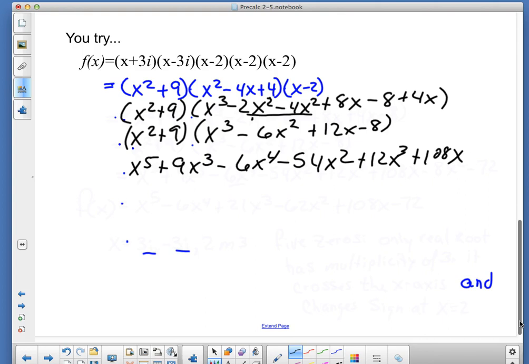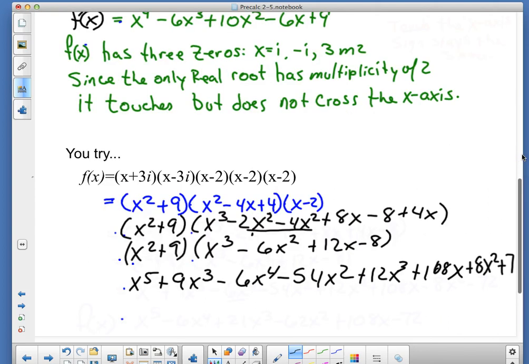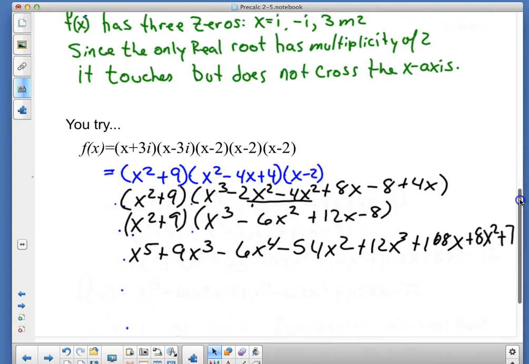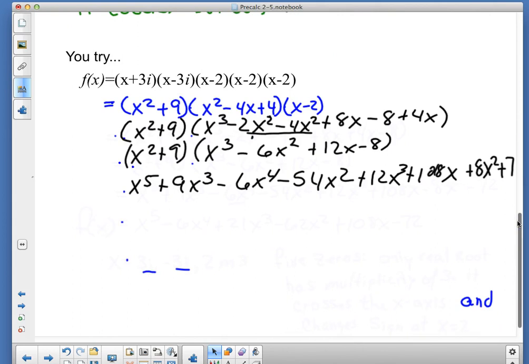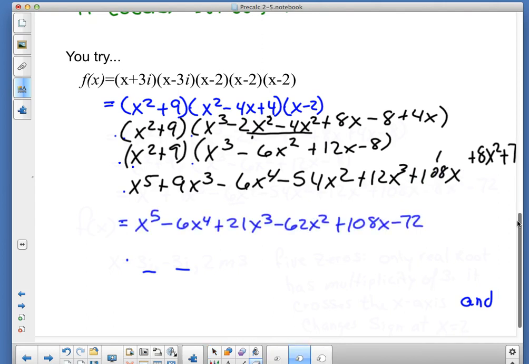And then I got my 8 coming through, so I've got 8x squared plus 72, minus 72, excuse me. Let's slide that over a little bit. Pick some stuff up. That's got to be a minus 72, negative 72. Let's just rewrite that.